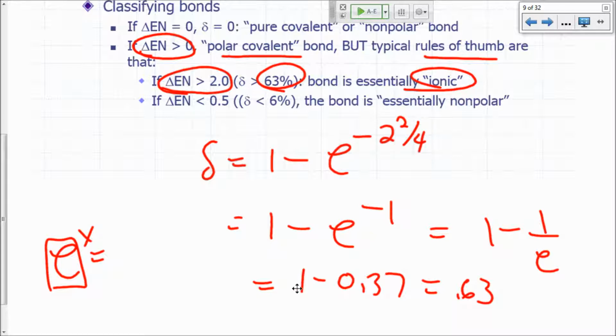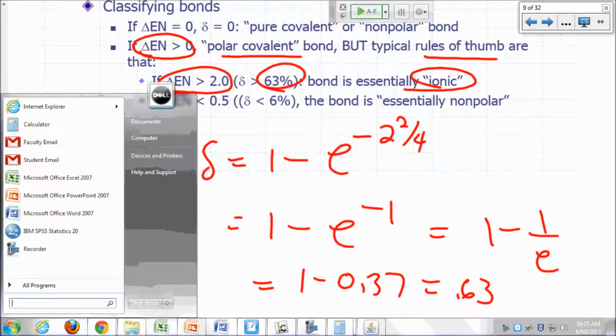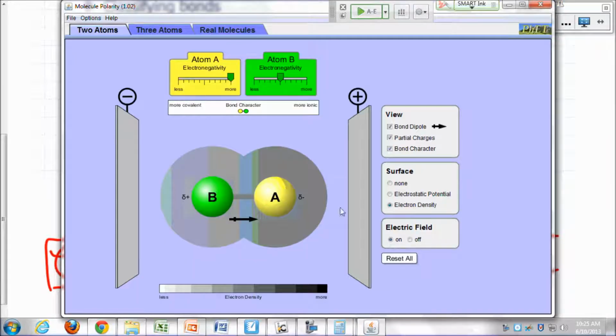So the larger the difference in electronegativity, the greater the ionic character. Here's a way of looking at it. If I make A way more electronegative than B, you increase your partial charge, and your molecule becomes more and more polar. So you say your bond is more ionic.